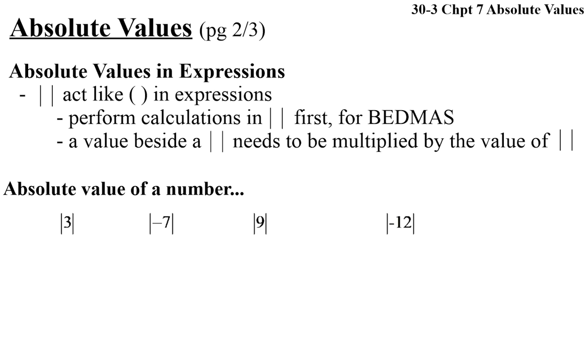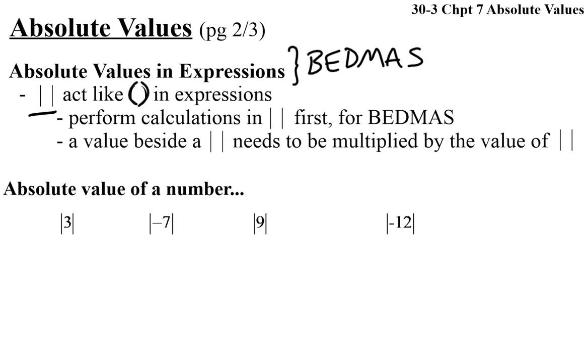So we can do calculations with absolute values. This isn't overly complicated, but you have to be very careful and focused. With absolute values in expressions or calculations, when it's involved with BEDMAS, the absolute acts like curved brackets in normal BEDMAS.